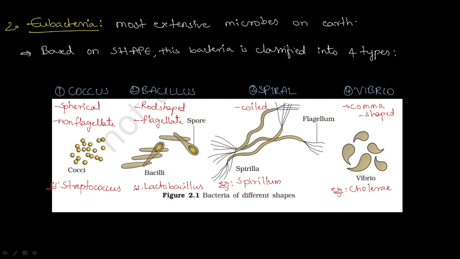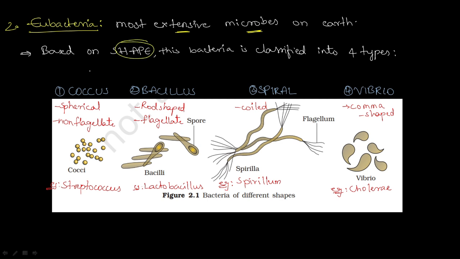The next classification is eubacteria, which are the most extensive microbes on this planet. That is, on earth, eubacteria are the most extensive microbes.